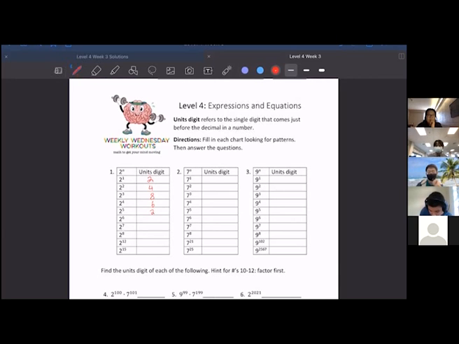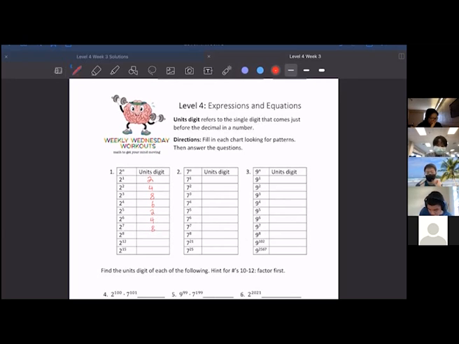Yep, 64. And the units digit is a 4. And 4 times 2 gives us 8. So the units digit for 2 to the 7th power is 8.